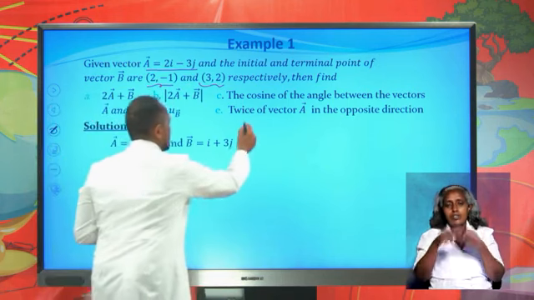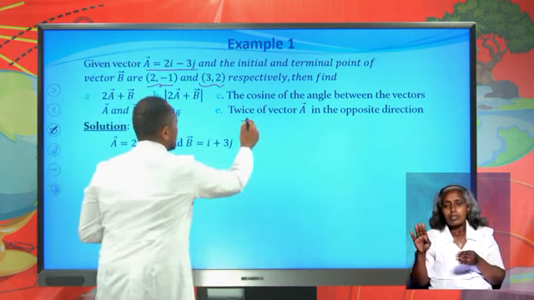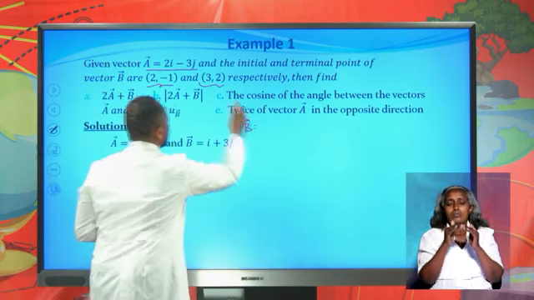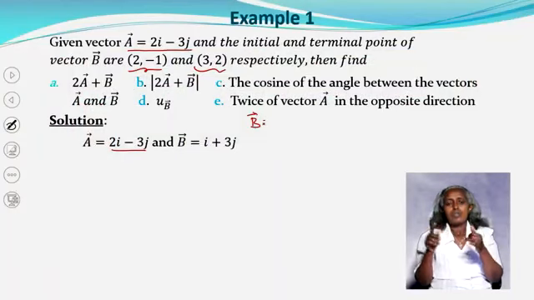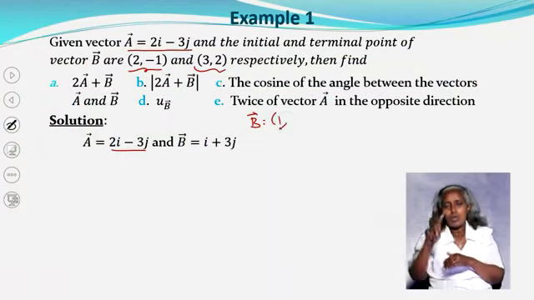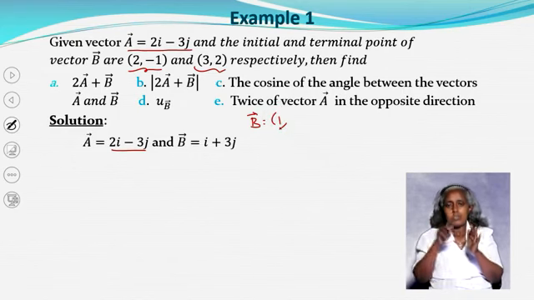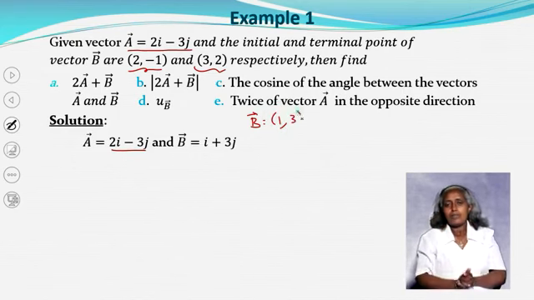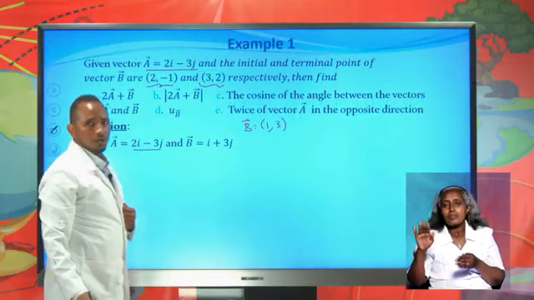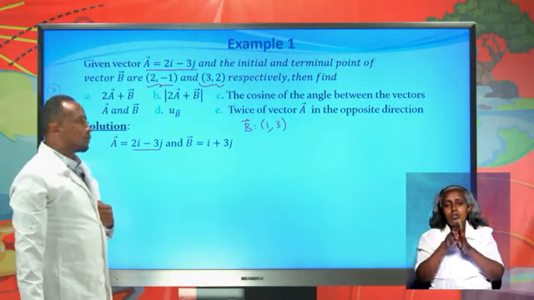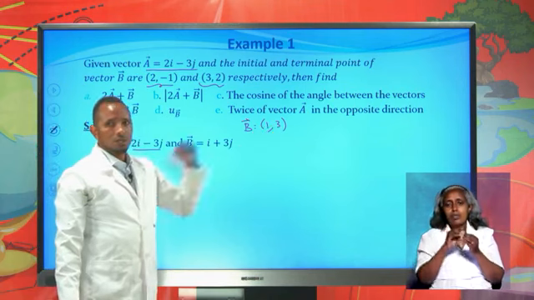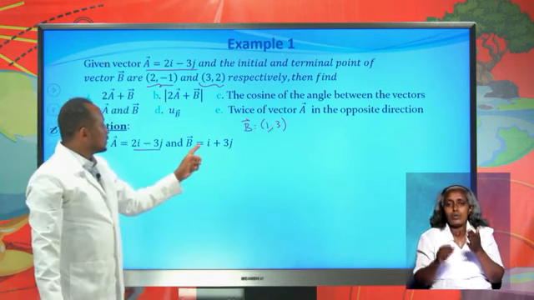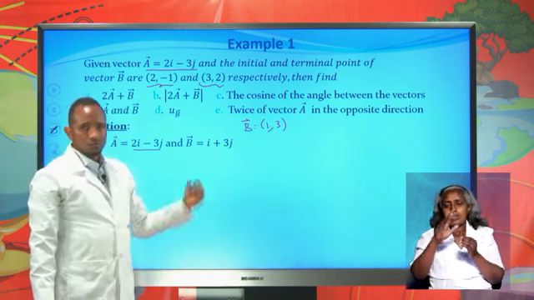Vector B is simply the difference of the components, terminal minus initial: 3 minus 2 is 1, comma, 2 minus negative 1 is 3. Therefore, written in unit vector form, B is equal to i plus 3j. We have these two vectors.